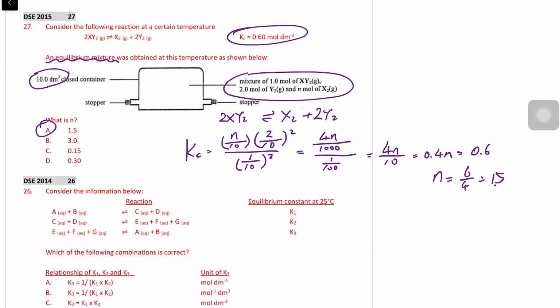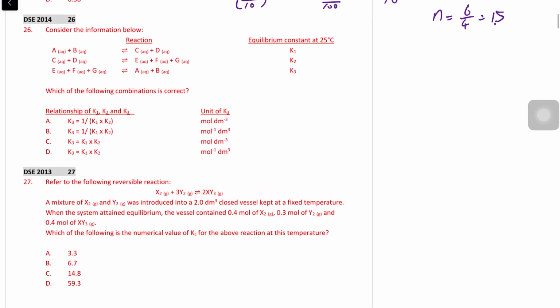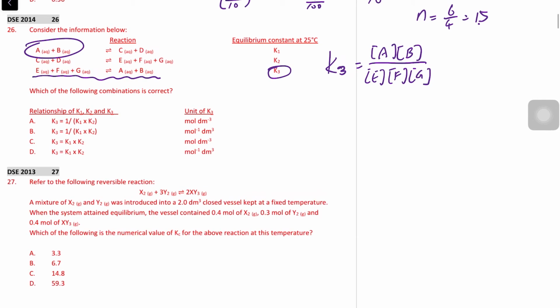Okay, hope you understand. Next one, we try to express K3 in terms of K1 and K2. So K3 actually equals the concentrations of A, B, E, F and G. For K1, AB is in the denominator, so we should do something like this. 1 over K1 looks better.